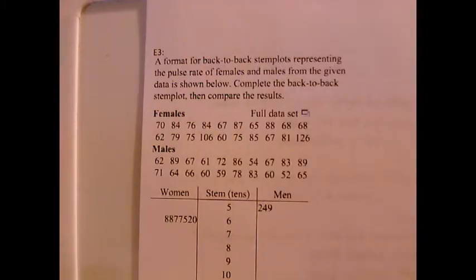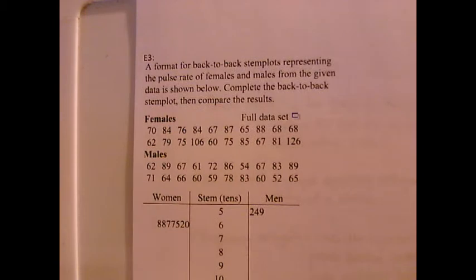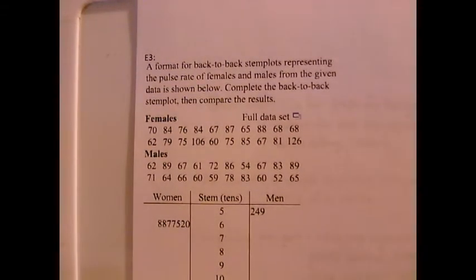Now in this case, we want to do a back-to-back stem and leaf plot for females and males, and this deals with the pulse rates. Some of these have already been completed, so we just need to finish the ones for females and the ones for males.